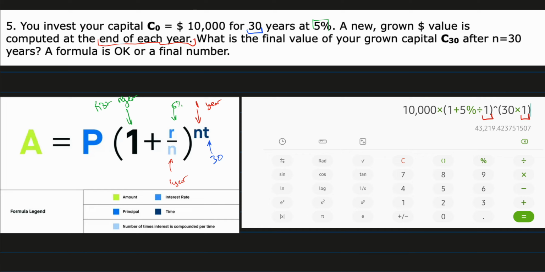And then we can clearly see that the 10,000 is going to be where this P goes. And we can plug it into the equation right here. Those values are going to give us these values, and our answer for this problem is going to be approximately $43,219.42. It's pretty good, and that is how we would solve something like this.